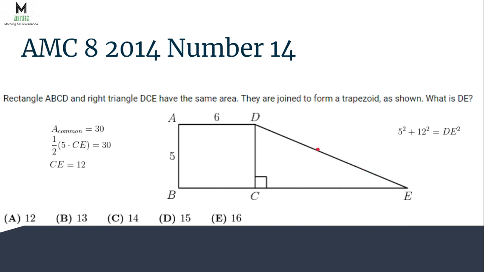Substituting the lengths, we get 5 squared plus 12 squared is equal to DE squared. When we add that and take the square root, we find DE to be 13, which gives us an answer of B.